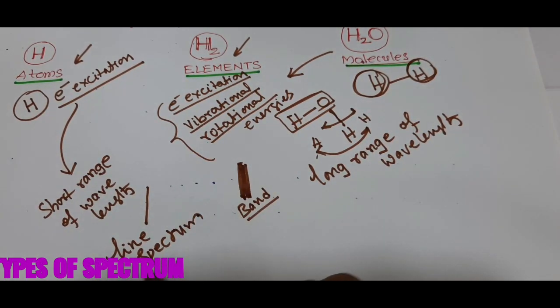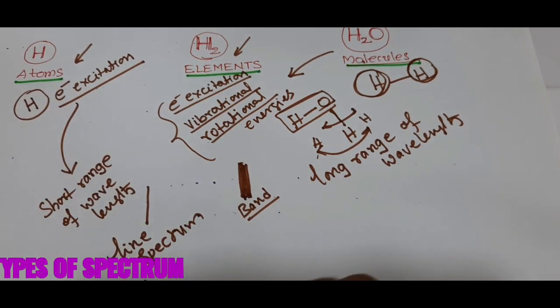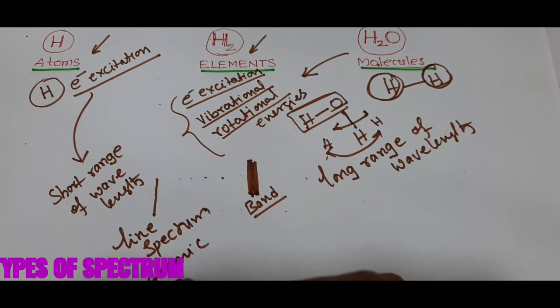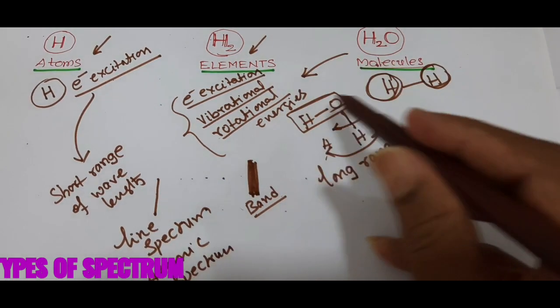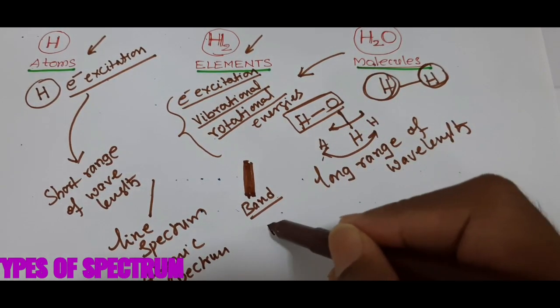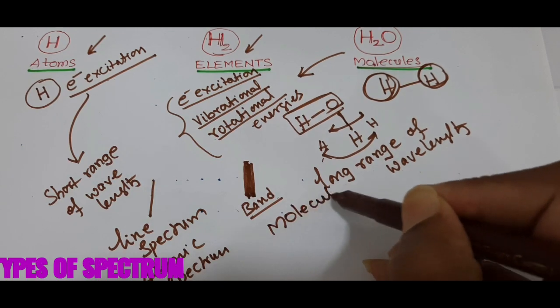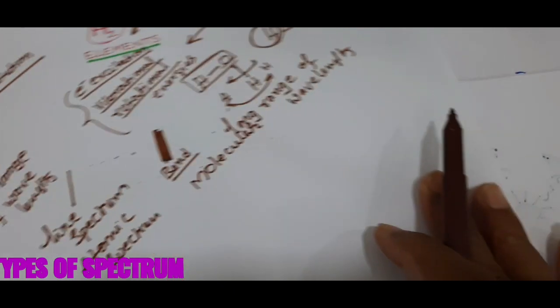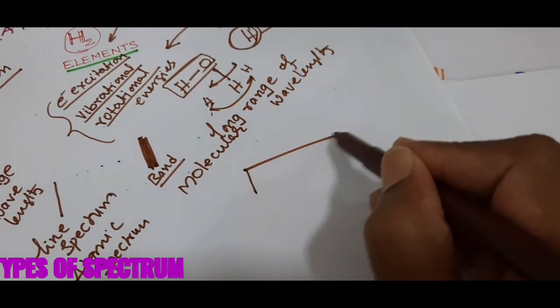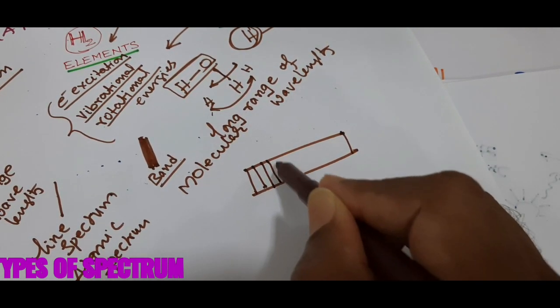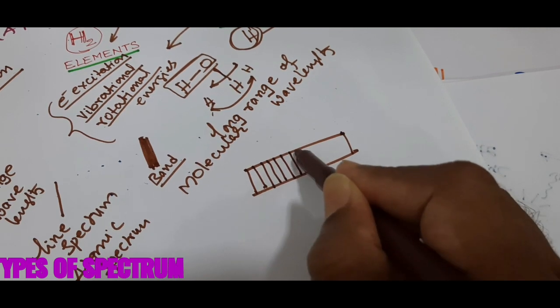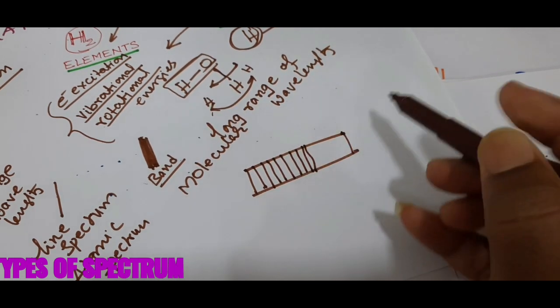The line spectrum is given by atoms, so it is called atomic spectrum. The band spectrum is given by molecules, so it is called molecular spectrum, right? In the case of a line spectrum, distinct lines appear on the photographic plate. Distinct lines.